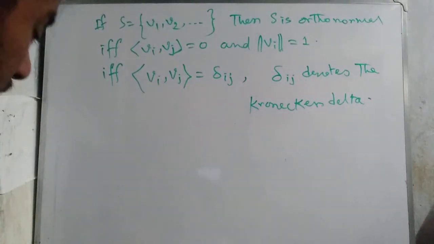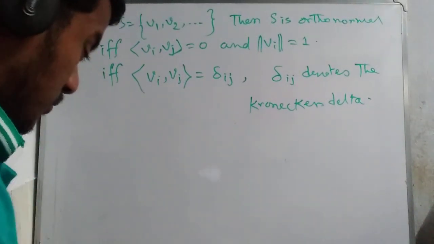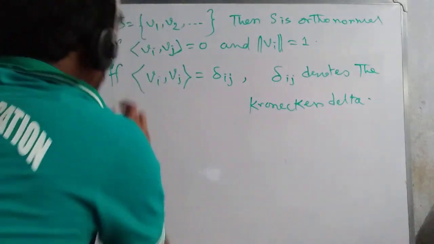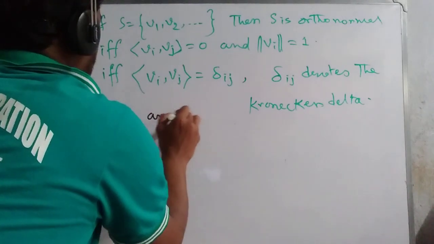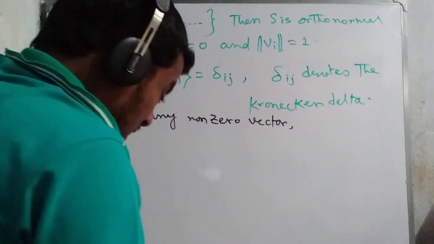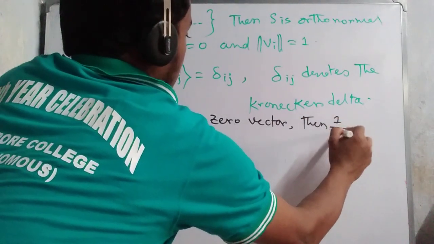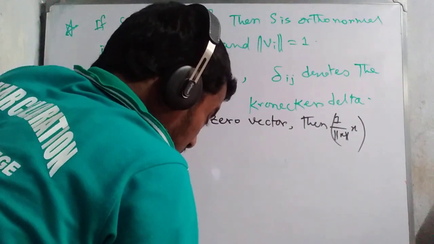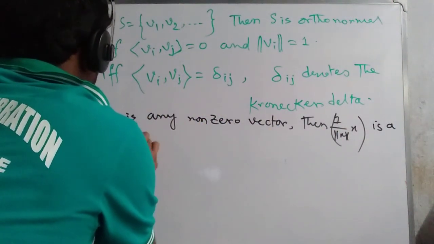Now we also write another portion here. If x is any non-zero vector, then 1 over the norm of x times x is a unit vector.